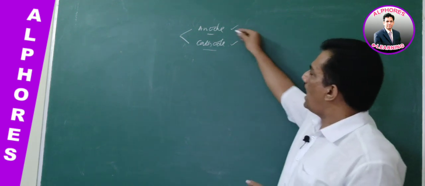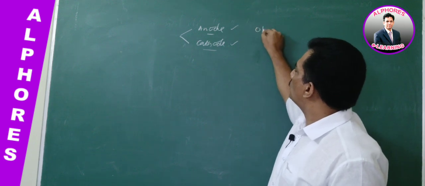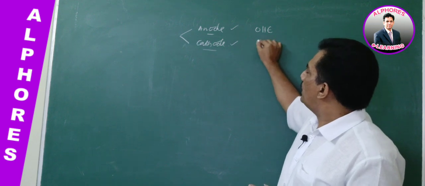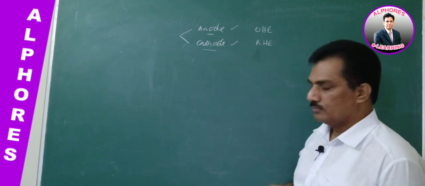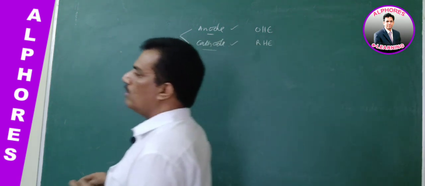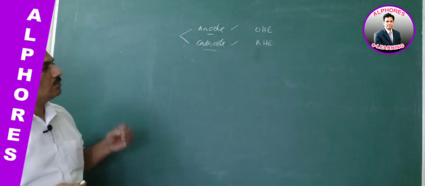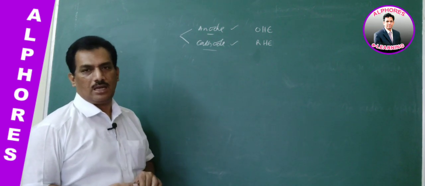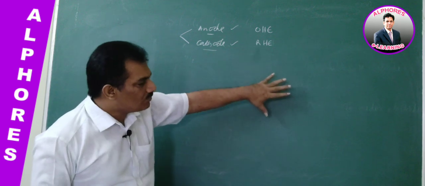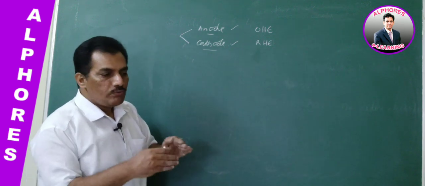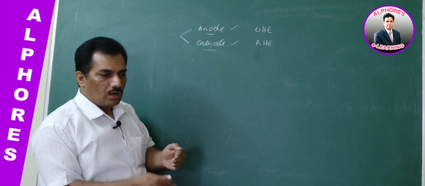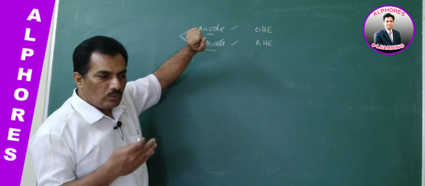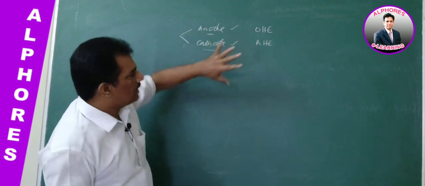Here anode, as we know, is the oxidation half electrode, and cathode is the reduction half electrode. And for the calculation of electrode potentials and thereby the EMF of the cell, we have to understand, for all these different single electrodes, how to write the equation when it is behaving like an oxidation half electrode, or how to write the same equation when it is behaving like a cathode.